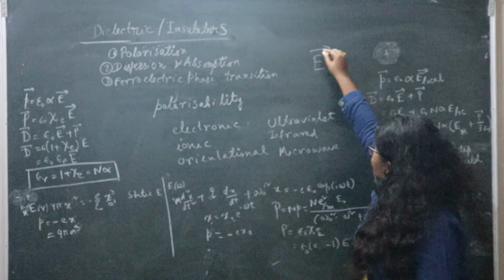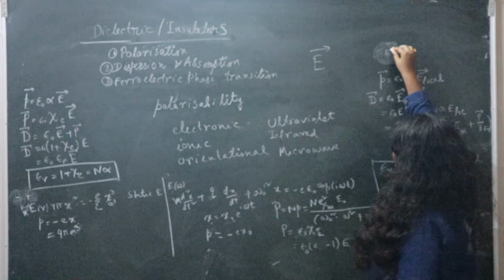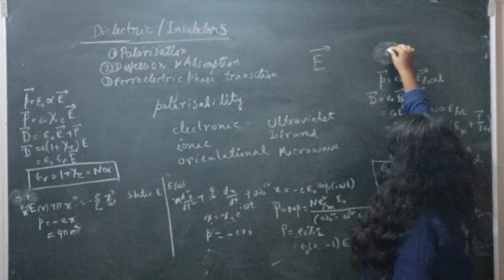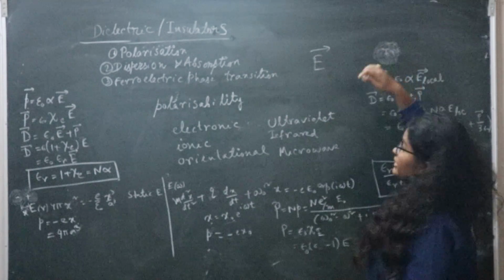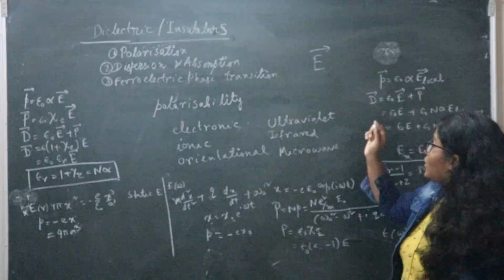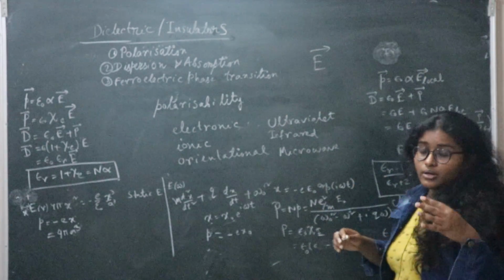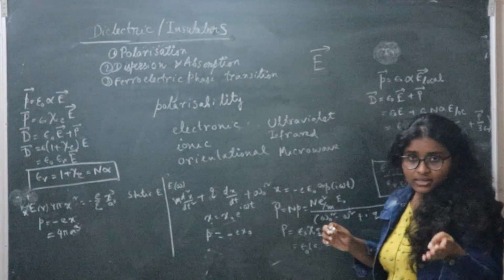But whenever I apply an electric field, the center of positive charge gets displaced with respect to the center of negative charge. The positive charge displacement is much smaller than the negative charge displacement, because the electrons are much lighter than the nucleus.